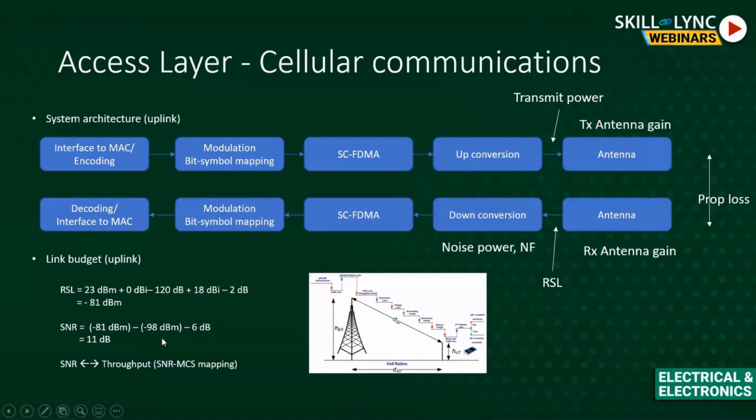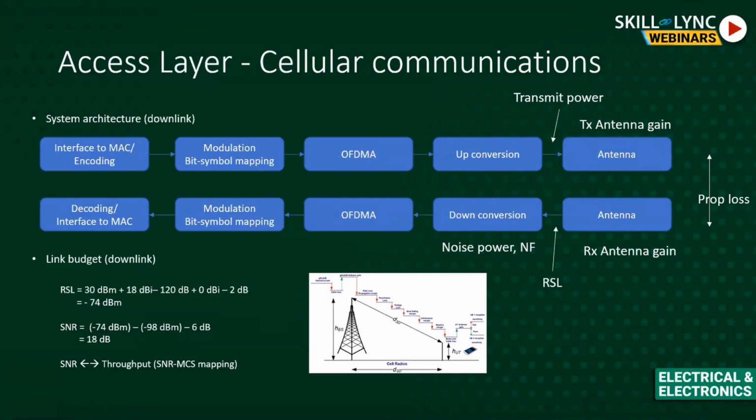That is, what is the noise power that is typically added by these electronics versus the signal power that's received. And 11 dB is a pretty good number, which means your noise is 11 dB lower than your signal power. That's what this means. And mapping this to the throughput gives you the final throughput that can be achieved. How many Mbps can you get from this direction of the link, that is the uplink.